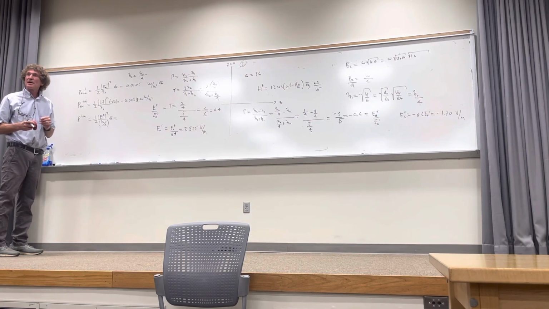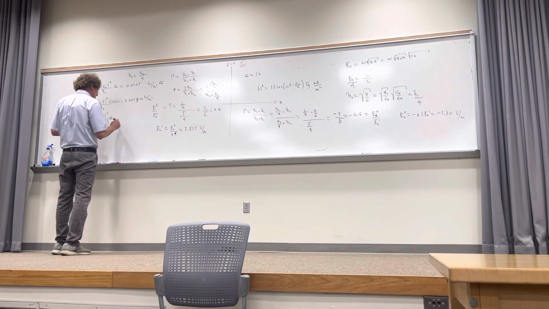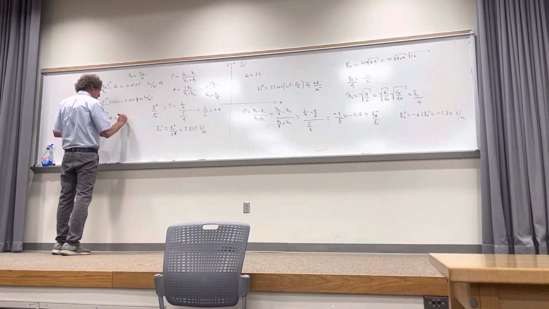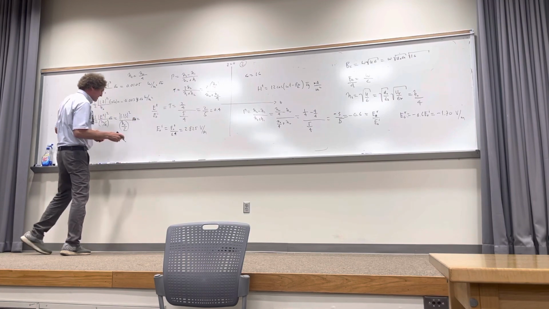Say again? 1.13, it sounds right. Alright, so we take 1.13 and square it, and then divide by 2 times eta naught over 4, in the AZ direction. We should get the right value.